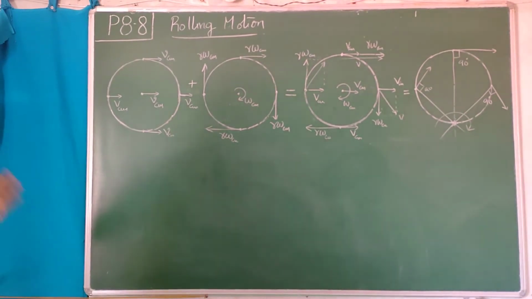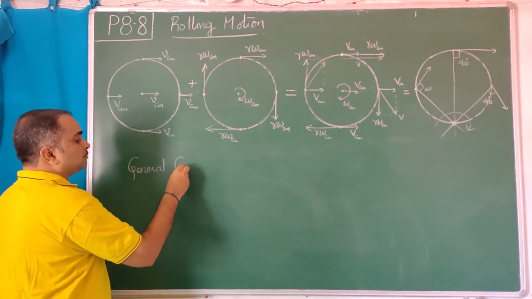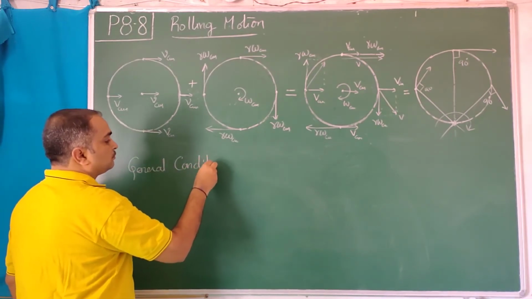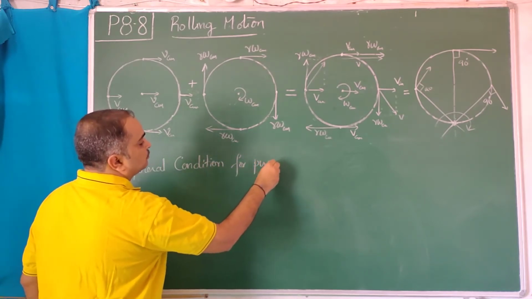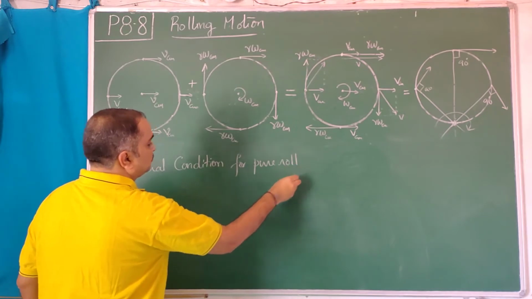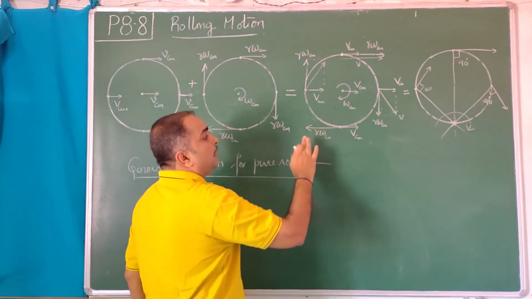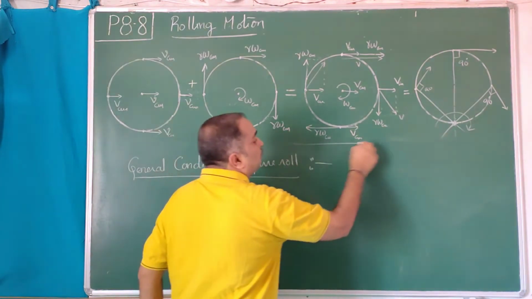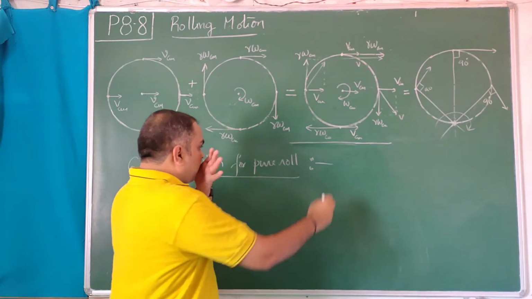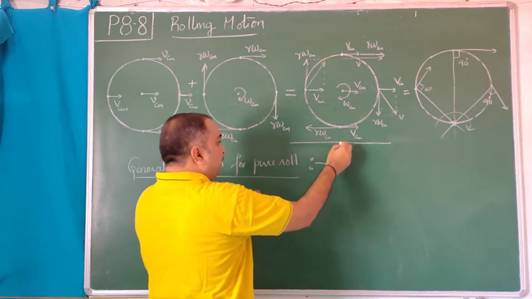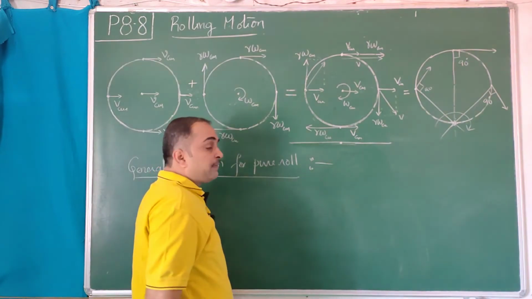Yes, students, the general condition for pure roll. So here I have drawn only the object, but there will be a floor also, or I say ground, or I say road. This point of the road is called the point of contact of the wheel with the surface.